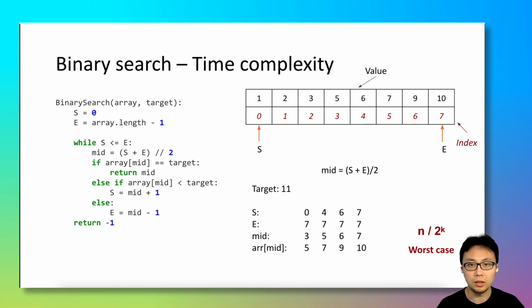Each step represents an iteration of the while loop. So the process stops when the search space becomes 1. Rearranging this, you will have 2 to the power k equal to n. Taking the logarithm base 2 on both sides, you will end up with k equal to log of n. Thus, binary search requires about log n steps to complete. Since there are log n steps in the worst case, the total time complexity is big O of log n.